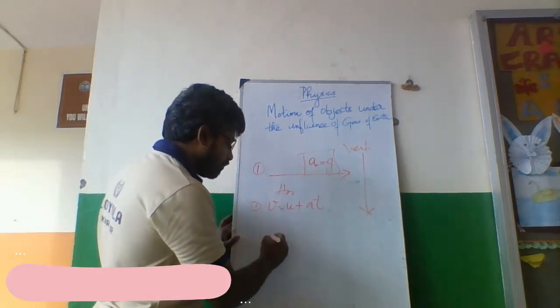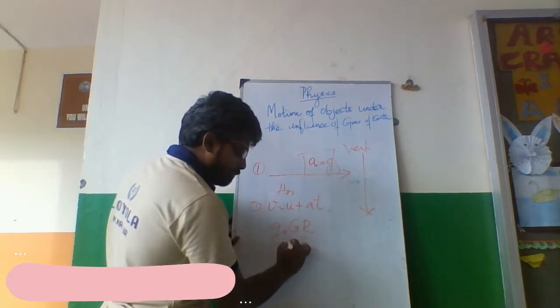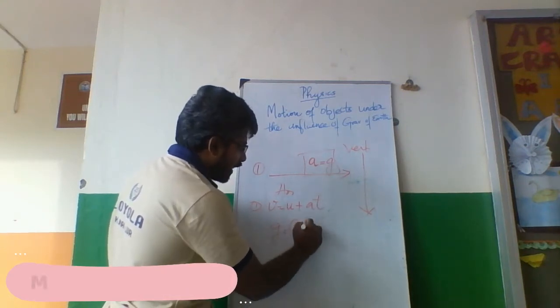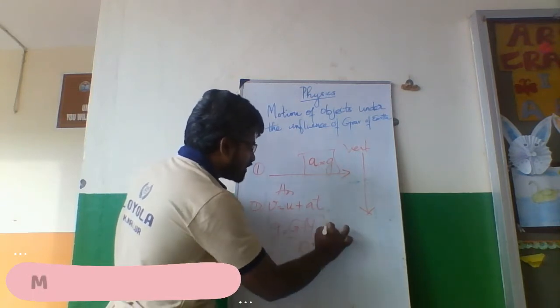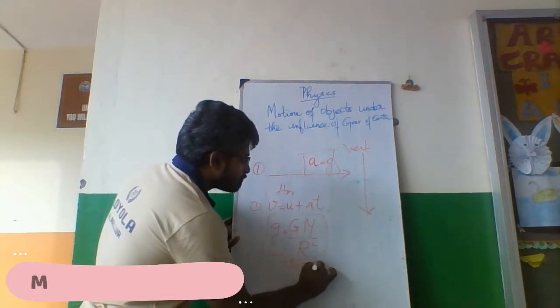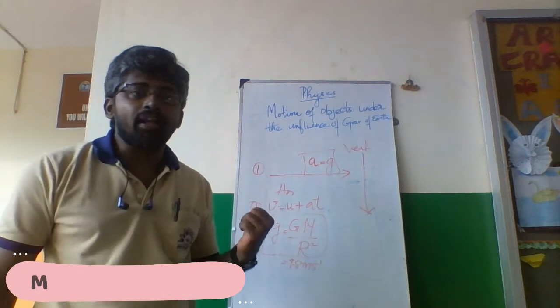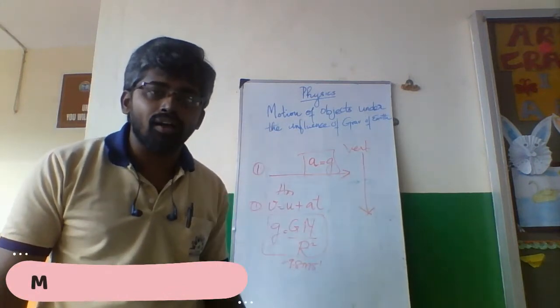You remember the formula? g is equal to capital G capital M divided by capital R square. This is acceleration due to gravity, and that is 9.8 meter per second squared on earth.